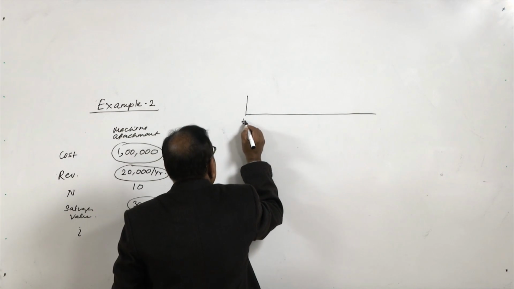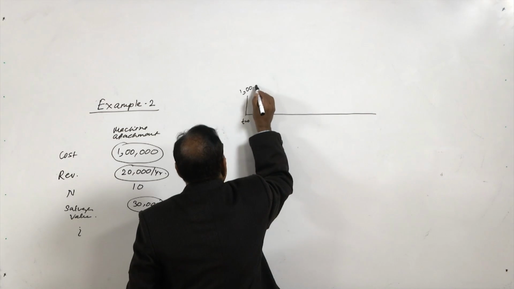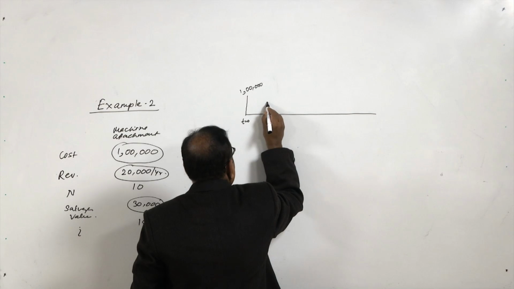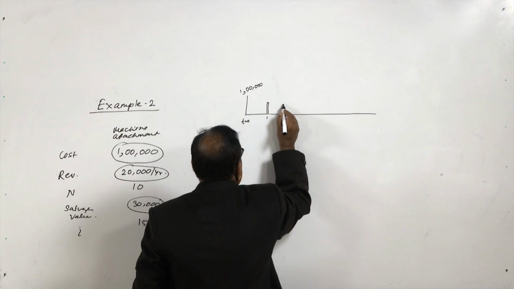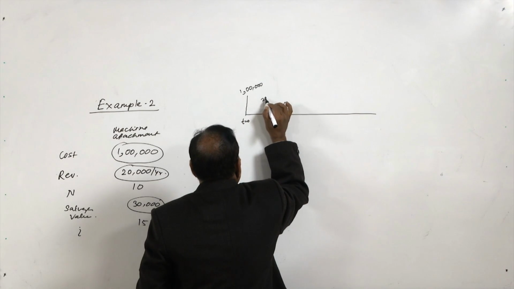at time t equal to 0, I am investing 1 lakh, and each year I am getting 20,000.